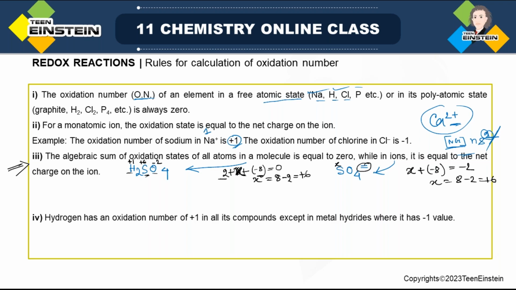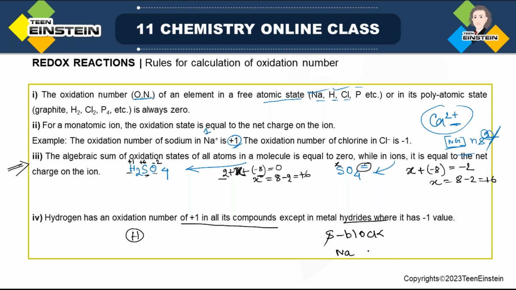Now the fourth rule: hydrogen has oxidation number +1 in all its compounds except metal hydrides. Now remember what we have said, that the more electropositive element will always have the higher oxidation state comparatively. Hydrogen is already electropositive, but there are elements even more electropositive than hydrogen, and mostly they are S block metals.